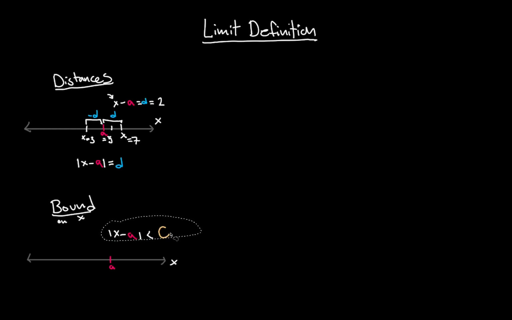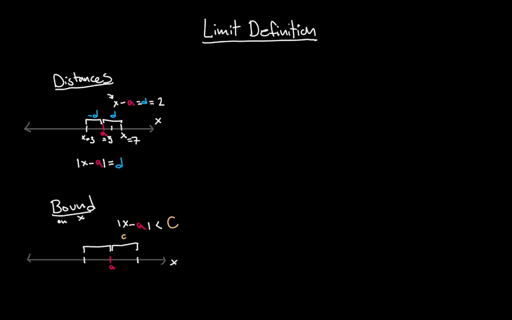If we do this, we're basically saying that x can be any value, and a and c are our constants. So a is just this point on the number line here, and let's see what the c means here. What we're basically saying is we have a constant c distance from a.